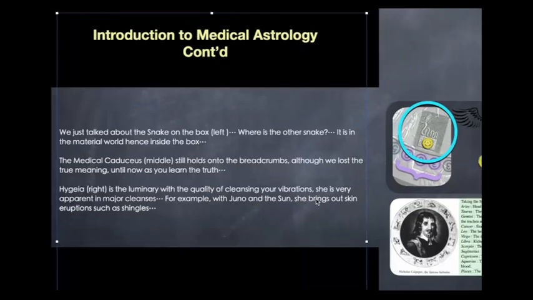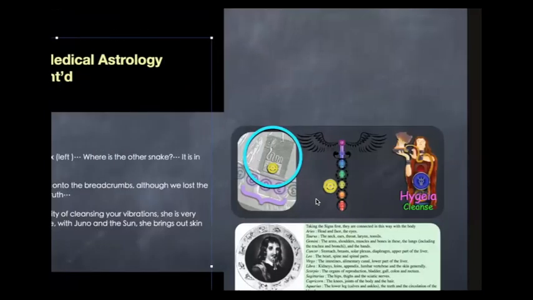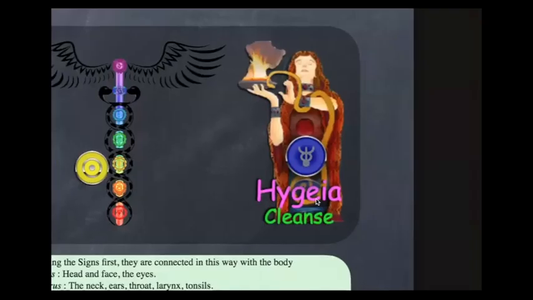Hygeia, if you look at Hygeia's symbol, what's her symbol? A Caduceus. That's why she cleanses. When she's in your chart and she's there in aspects and you're feeling something and you see that, you bet that this is going to be at play. Kathy had Neptune retrograding back and forth over top of her natal Hygeia 3 years.